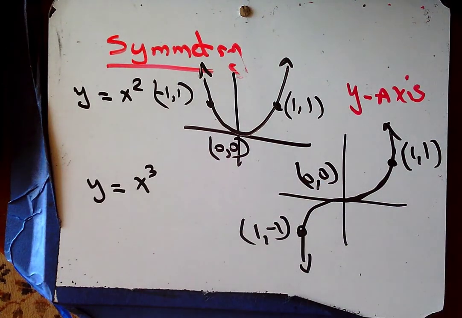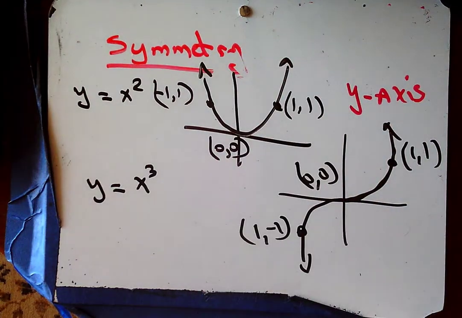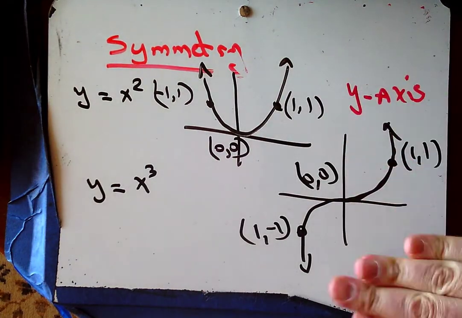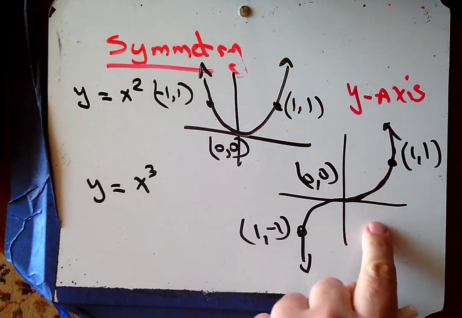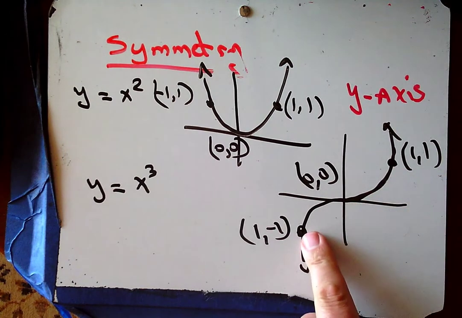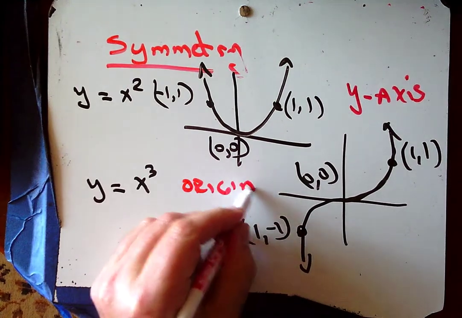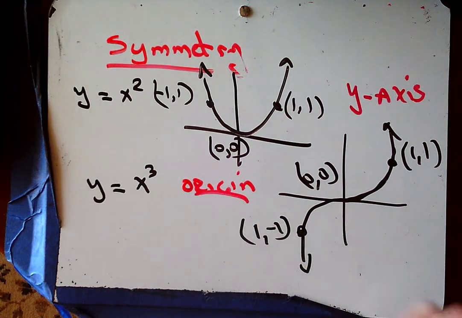So, does this have y-axis symmetry? Does this fold across the y-axis? No. Does it have x-axis symmetry? No, I don't see this part reflected down here. What about origin symmetry? Does this point reflect through the origin to make that point? It sure does. There's origin symmetry.